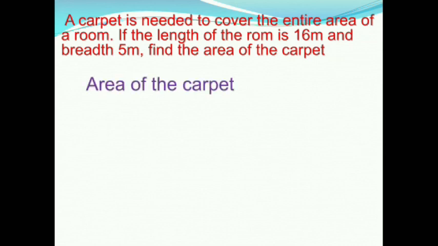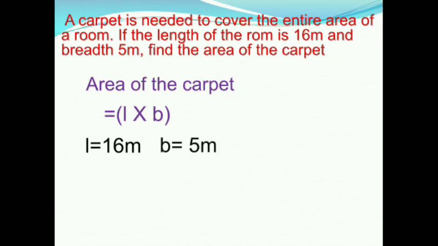First we should write area of the carpet. Which formula can we use? Yes, L into B. L means length. What is the length of the carpet? Yes, length of carpet is 16 meter. B means breadth. What is the breadth of the carpet?